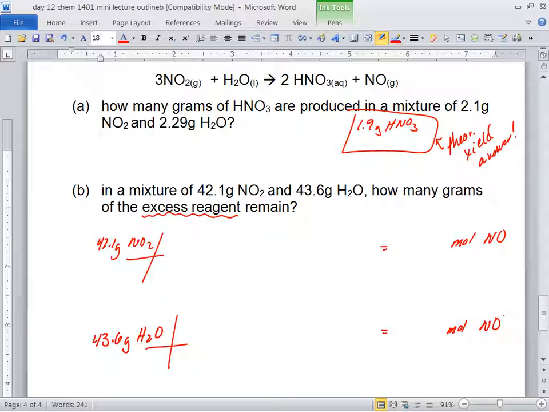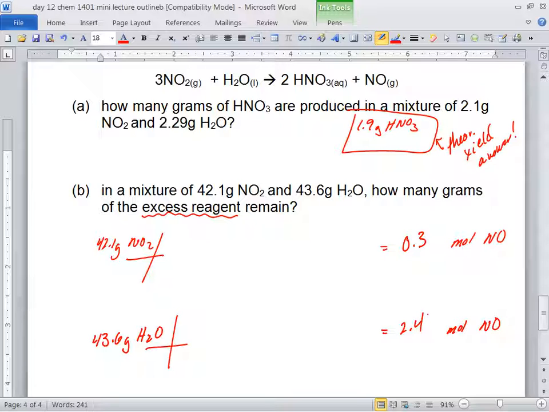You got the 42.1 grams of NO2, and you got 0.3 moles of NO, and for the 43.6 grams of water, you got 2.4 moles of NO. Let's write those down. This is what Paul got. Is that right?